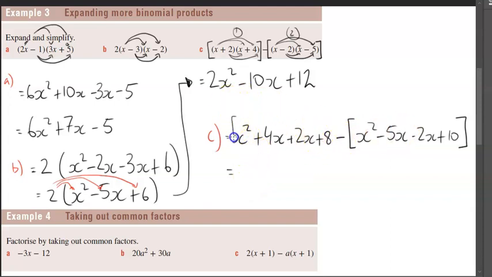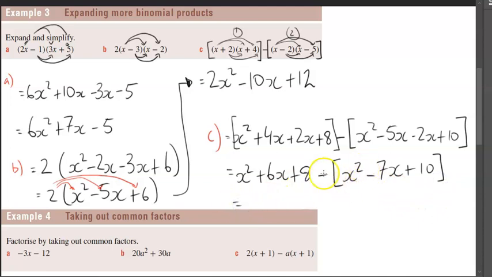So we have x squared plus 6x, because 4x and 2x simplifies down to 6x, plus 8, minus x squared minus 5x minus 2x is minus 7x plus 10.